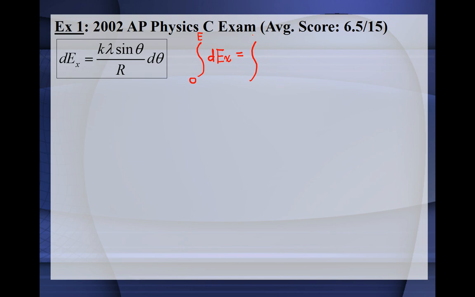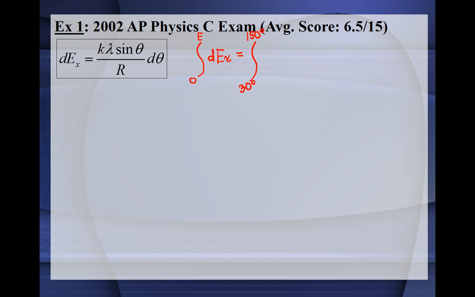Relative to the positive y-axis, that's a 30-degree angle. And then we're going to stop where the rod of charge ends. So this is basically telling you we're going to consider every differential arc element starting from 30 degrees and going all the way to 150, which gives me the total electric field at the end.